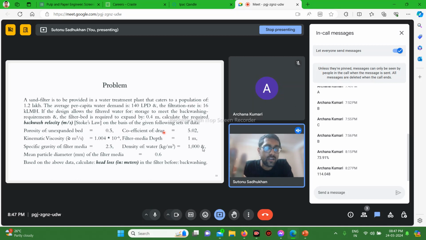The filter media will not go away, but the dirt particle will also not get removed. There is no data for the dirt particle, so you can only get the maximum limit, not the lower limit. That's what I can understand from the problem statement.